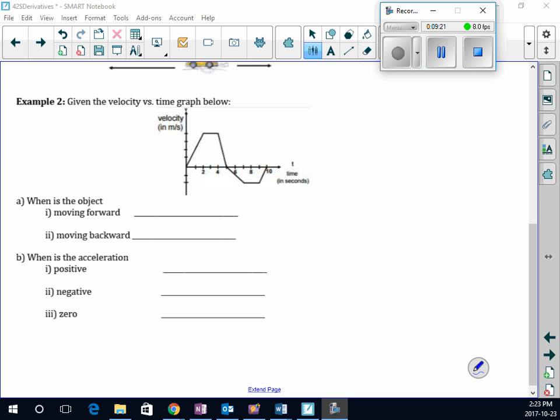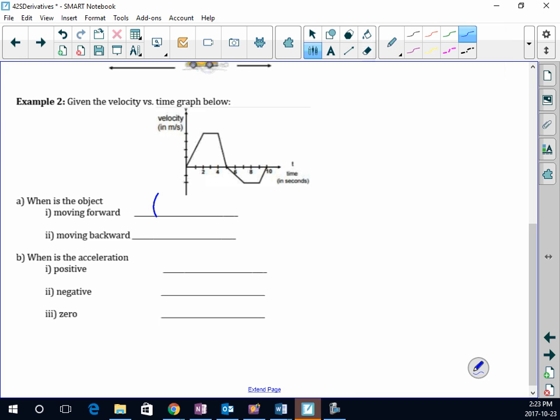Yes, so what would the interval be for positive? Not 1 to 5. 0 to 5. What about moving backward? Yeah, 5 to 10.